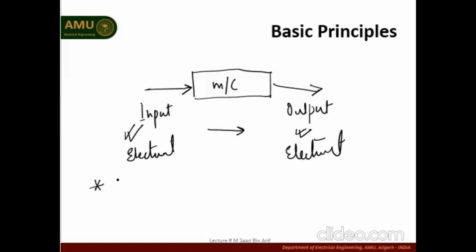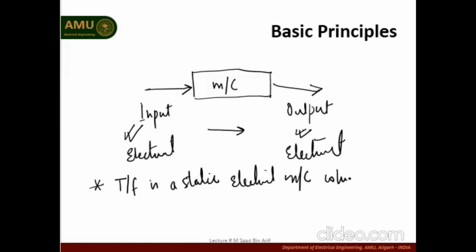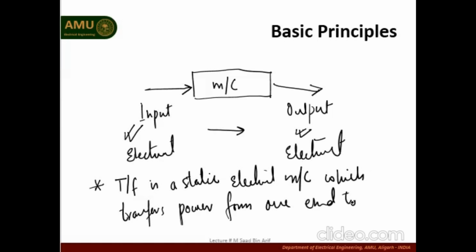So you can write that a transformer is a static electrical machine which transfers power from one end to another, that is from primary.